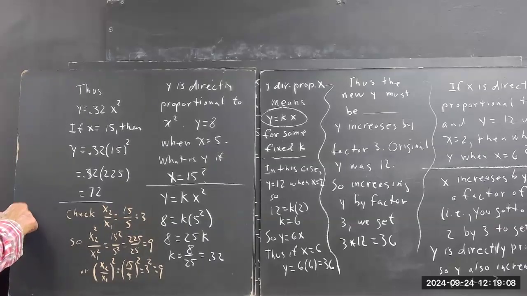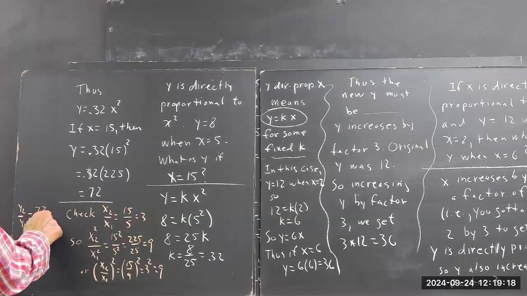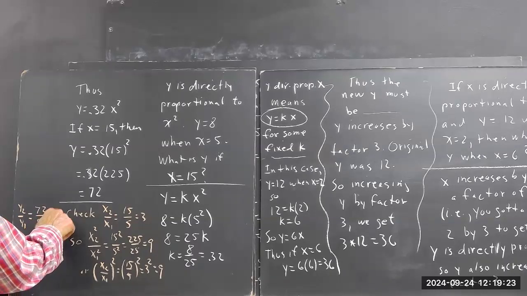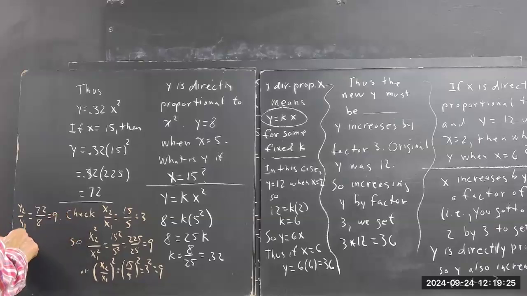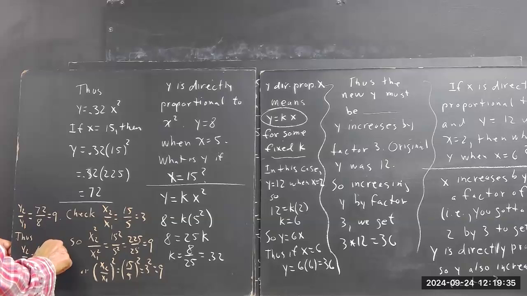And then Y2 over Y1 equals 72 over 8, which equals 9. Y2 over Y1 equals X2 over X1 quantity squared.